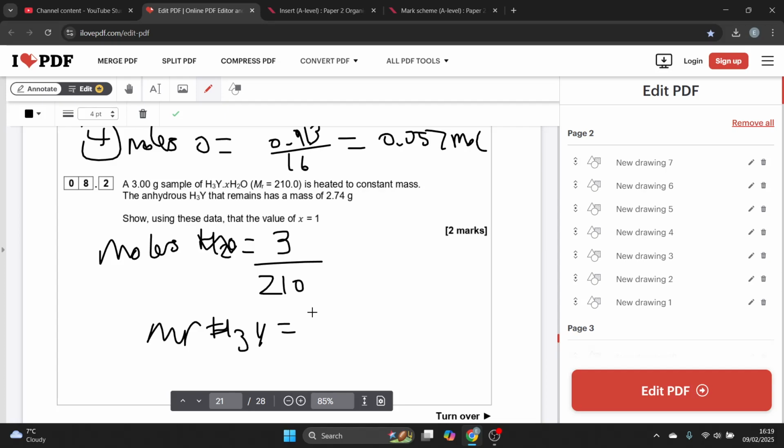Moles is mass over MR, so MR is mass divided by the number of moles, which is 3 divided by 2, 110, and then you should get x equals 1.